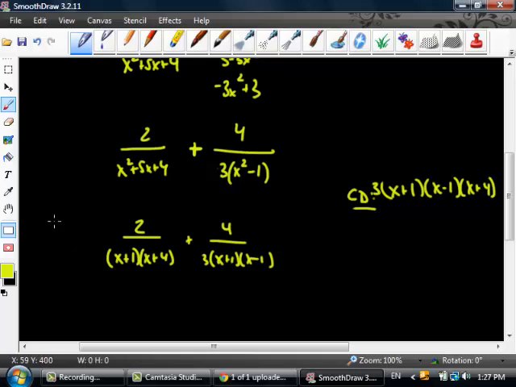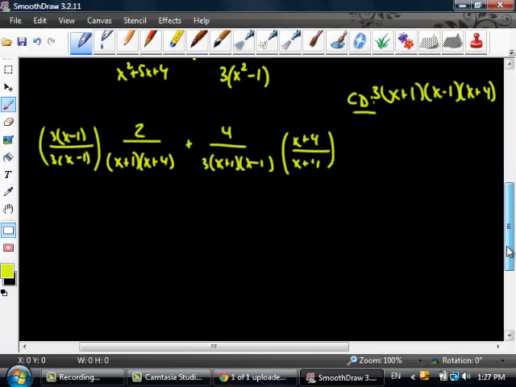So now I got to figure out what's missing. Well, what's missing on the left is a 3 and an x minus 1. I am missing an x plus 4 on this side.